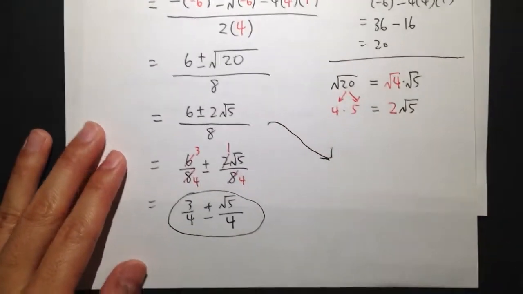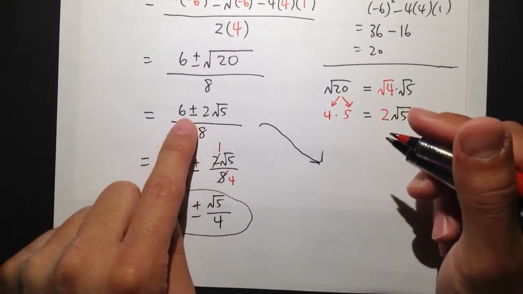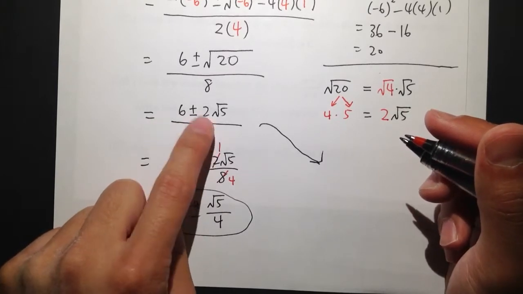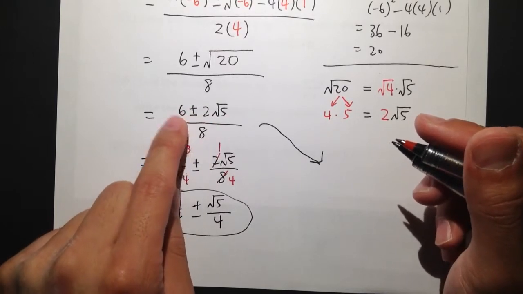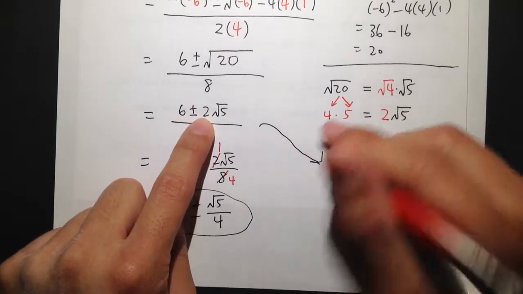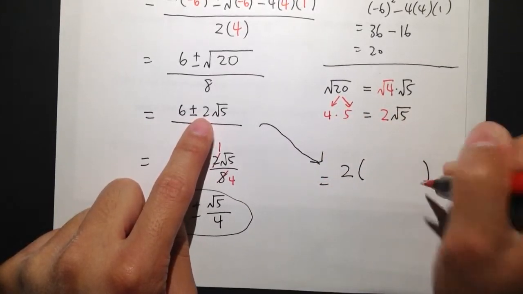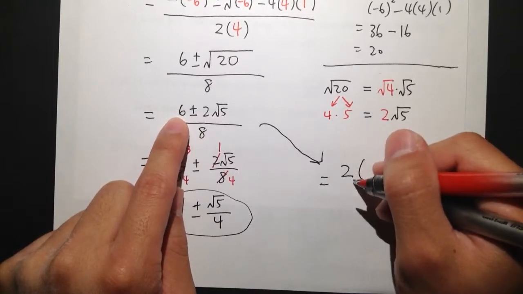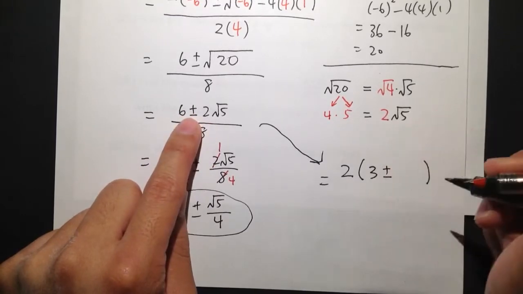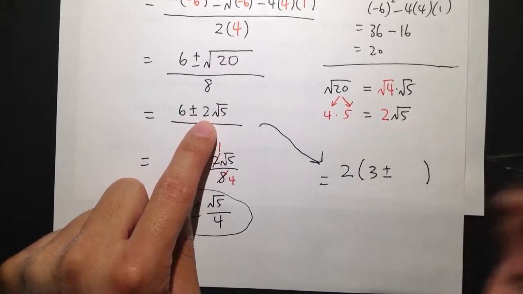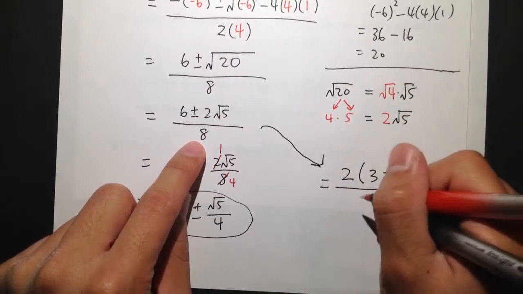If you would like, let me show you another way that people can simplify this. Notice that we have 6 and 2, right? They are both outside of the square root, and I can factor out 2 because 2 goes into 6 and 2 also goes into 2. Bring down the 2 and then put a big parentheses. 6, I factor out 2 already, so I have a 3 left. Maintain the plus or minus 2 square root of 5, but the 2 is out here already, so I just have the square root of 5 over 8.